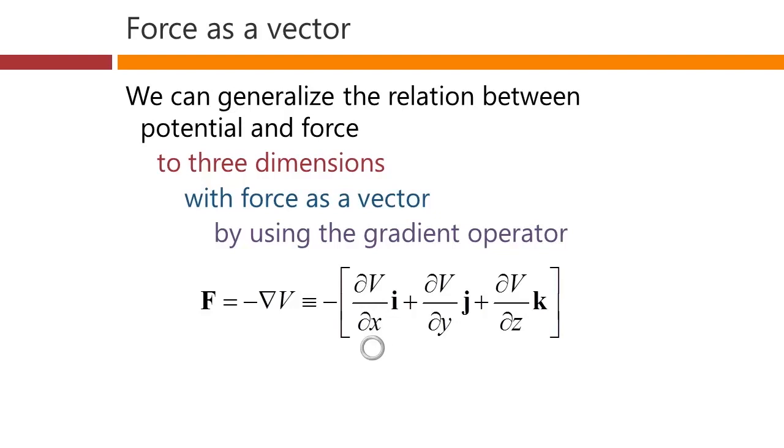Partial dV by dx is the component of the force in the x direction, partial dV by dy is the component of the force in the y direction, and partial dV by dz is the component of the force in the z direction. And these all add up to give us our more general 3-dimensional relation between potential and the force associated with it as minus the gradient of the potential.